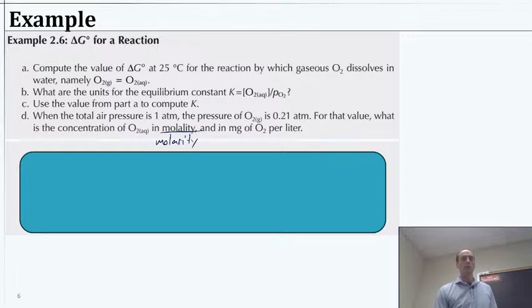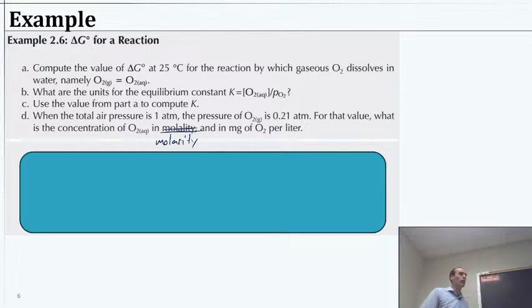And I'm going to trust that you could also calculate it in milligrams per liter. For the sake of time, I'll say do it on your own if you like. And I'll tell you that typically at room temperature, it's somewhere around 8 milligrams per liter. So if you get an answer of 80, you're wrong. If you get an answer of 0, you're wrong. It should be somewhere between 7 and 10 at room temperature.